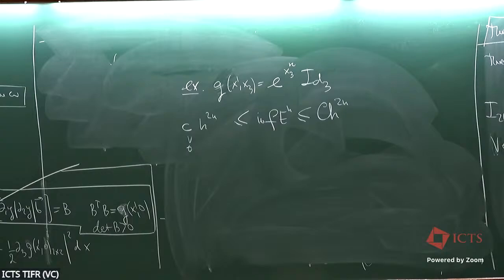So you can also have a hierarchy of theories like this for the weak prestrain.